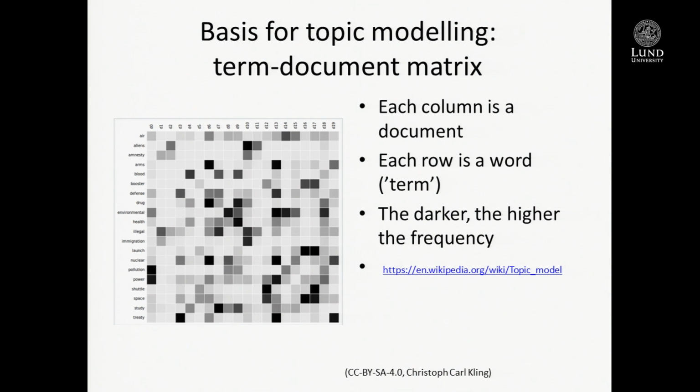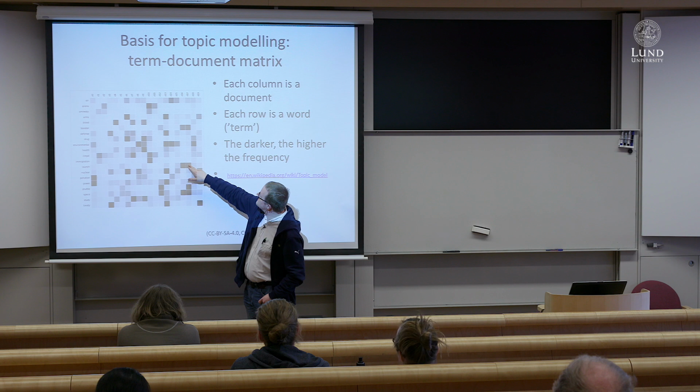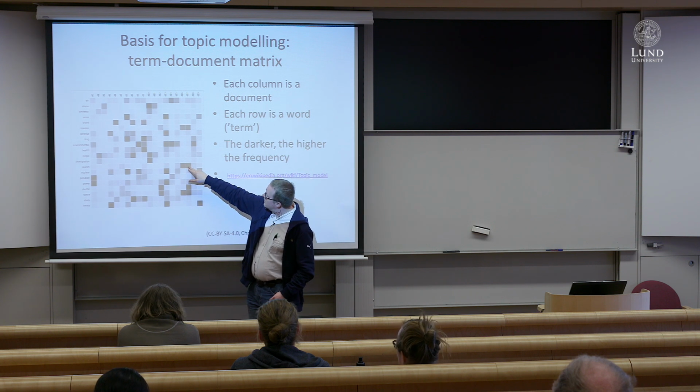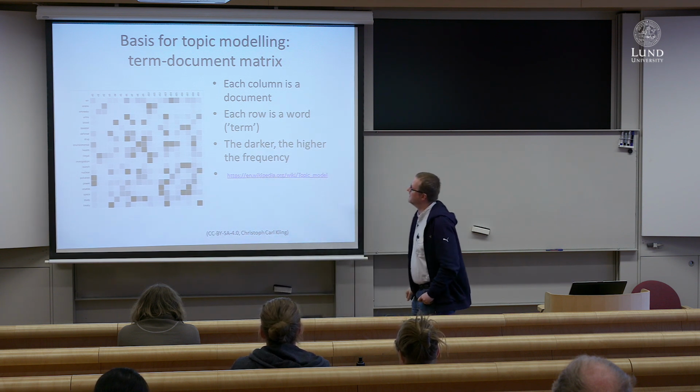Then you have the words in here, and they appear alphabetically. The idea is that the darker a cell is here, the higher the frequency is. So in this document 17, the word launch is very frequent. It occurs a lot in that document.